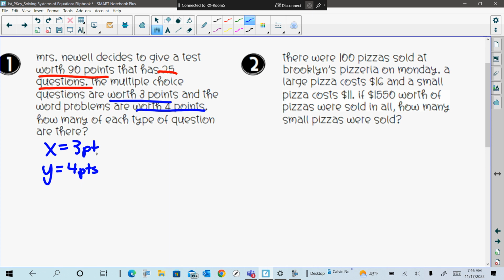So to have a total of 90 points, this would be 3x plus 4y equals 90. And then you have a total of 25 questions, and there are different types of questions, so this would be x plus y equals 25.